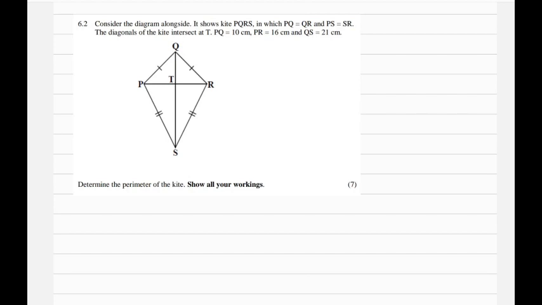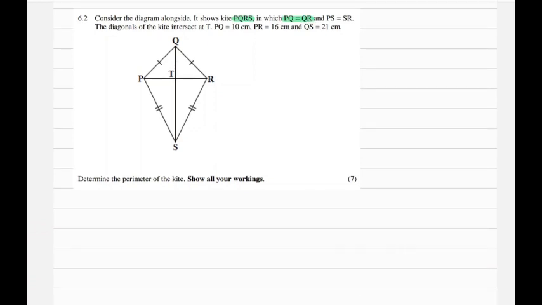It says consider the diagram. Alongside it shows a kite PQRS in which PQ is equal to QR and PS is equal to SR. So they've shown us on the diagram that adjacent sides are equal, and they say the diagonals intersect at point T. They give us PQ to be 10 centimeters, PR is 16 centimeters, and QS is 21 centimeters.